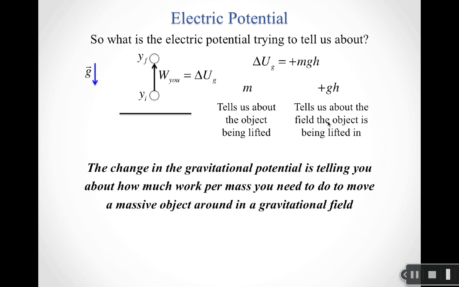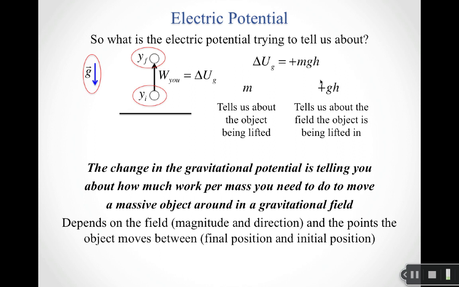So what's going on here is that the change in the gravitational potential is trying to tell you just about this. So it says, I want to tell you how much work per mass you need to do to move a massive object around in a gravitational field. And so that depends on two things.